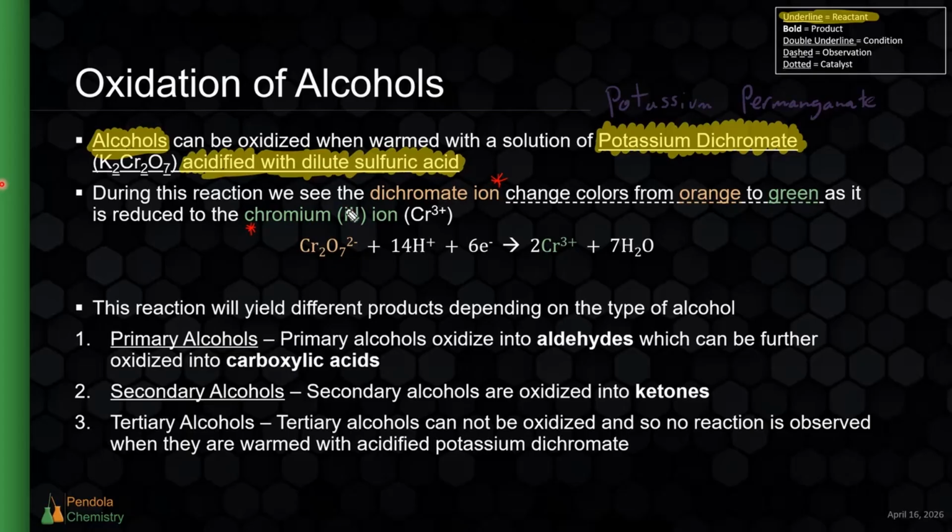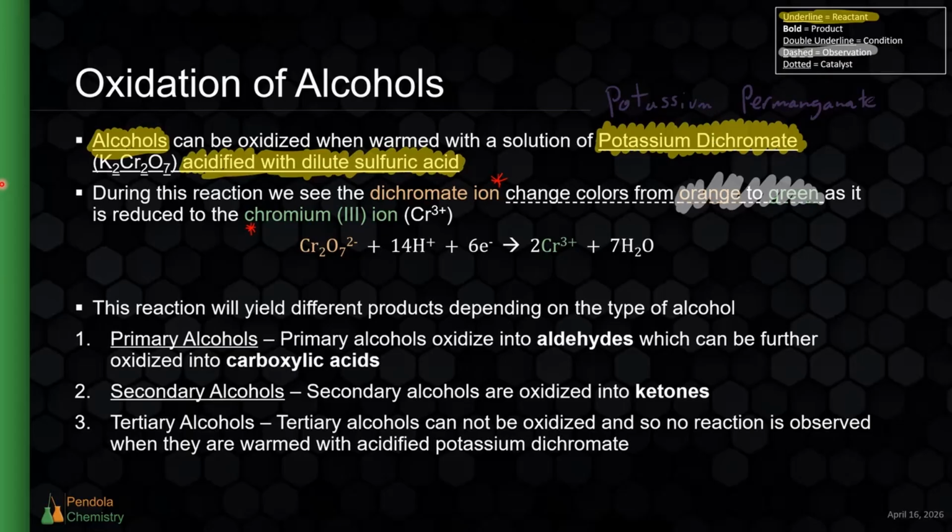Dichromate is an orange color, whereas chromium 3 is green in color when it's in solution, meaning that this reaction will have a color change from orange to green. So it's going to be an orange to green color change.